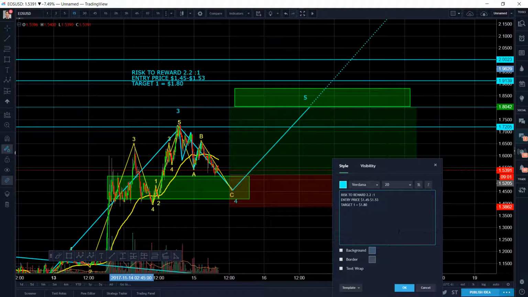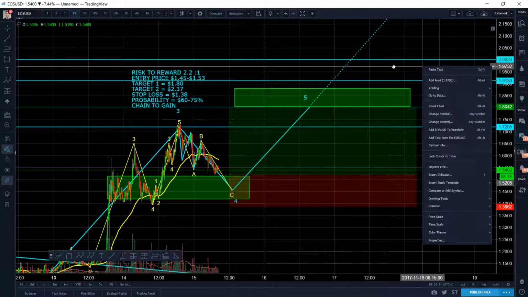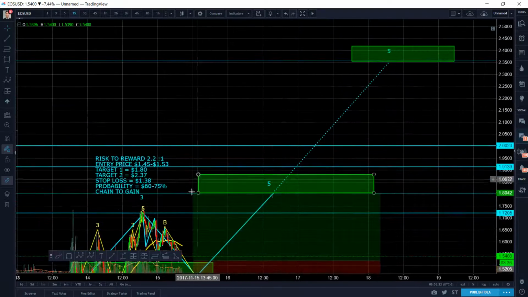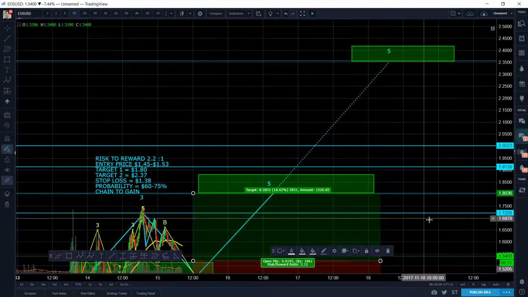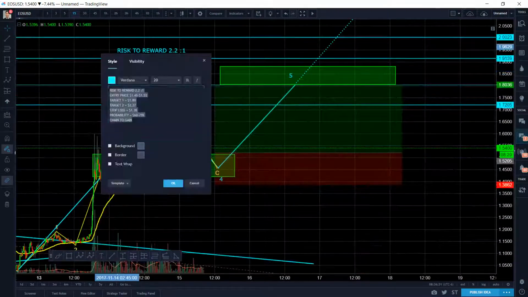Target 2 is equal to $2.37. Stop loss, $1.38. Probability, high, 60 to 75%. And chance to gain, 18 to 54%.